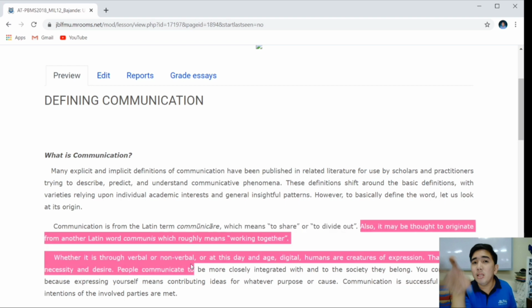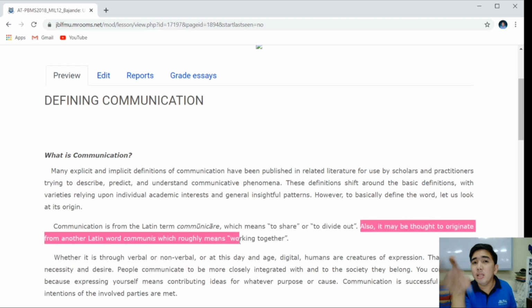Also, it may be thought to originate from the Latin word communis, which roughly means working together. It could actually come from the Latin word communis, which means working together, because it's a fact that if we communicate with one another, we could work together.